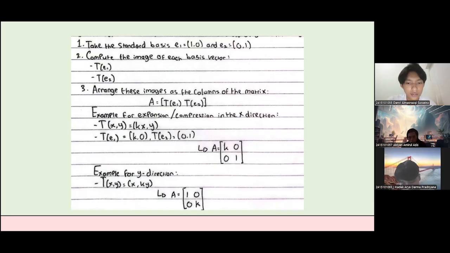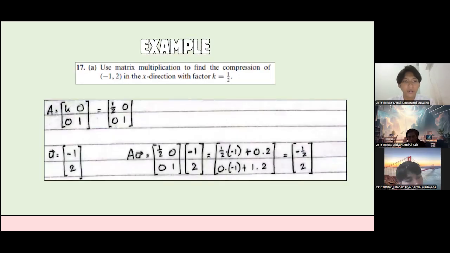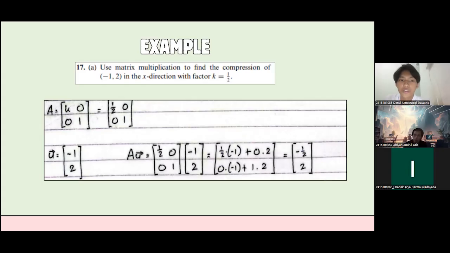It is the same for the y direction. And then there is an example problem from exercise number 17. Use matrix multiplication to find the compression of minus 1, 2 in the x direction with k equals a half.